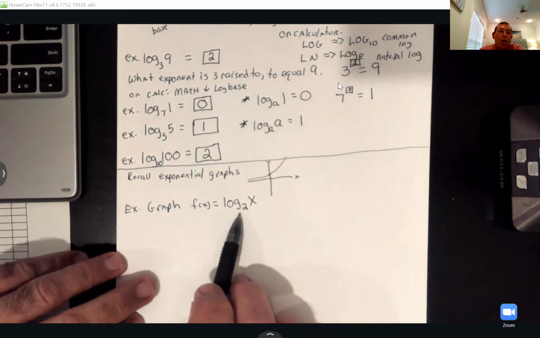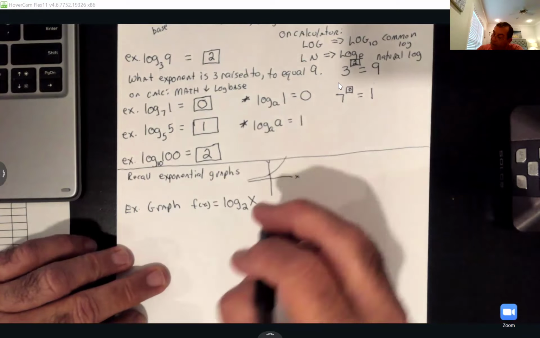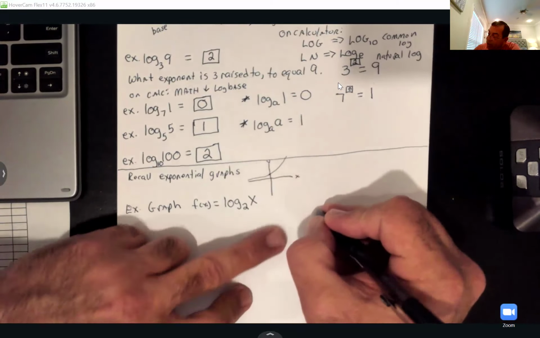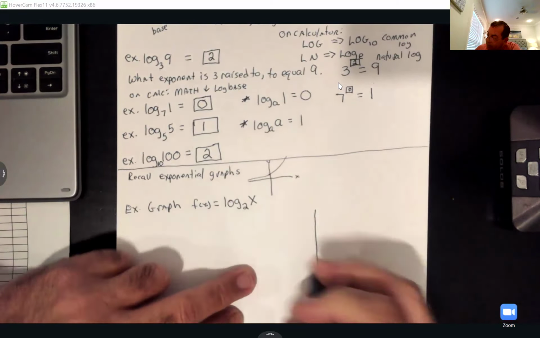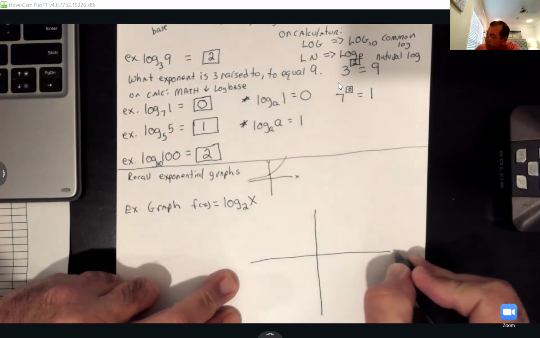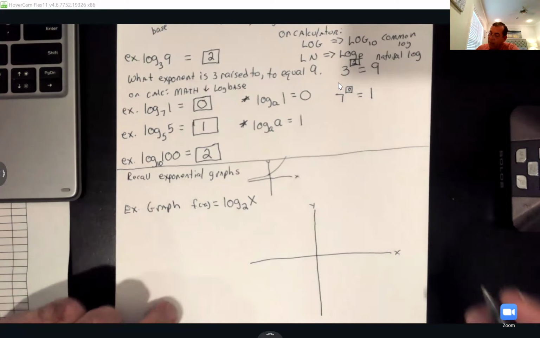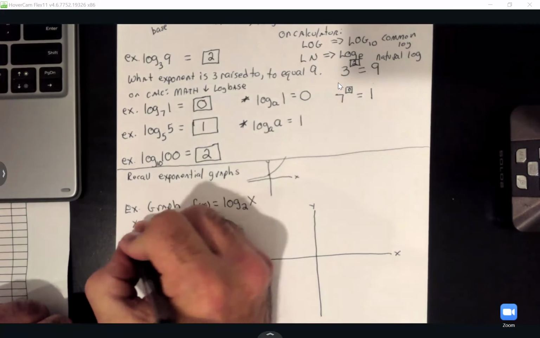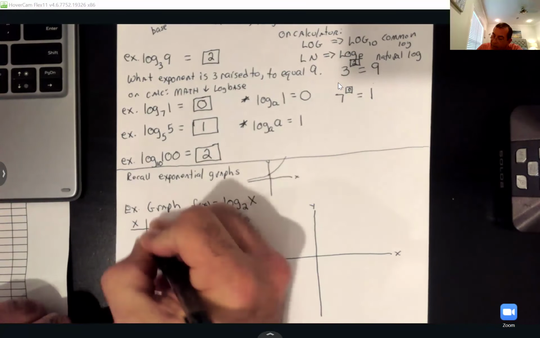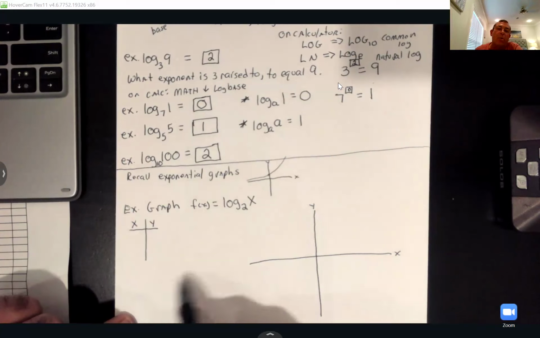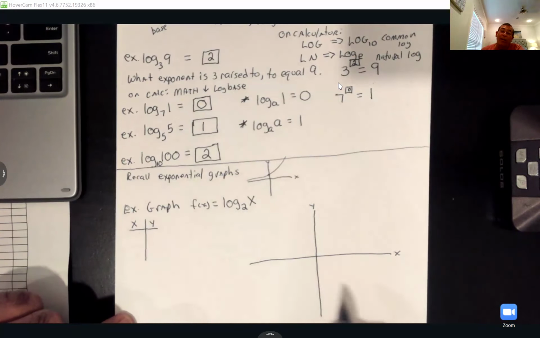So now we're doing a logarithmic graph. So let me get me a graph started. And I'm going to make me an x and y table, see what kind of numbers I'm going to get before I can make my scale here.